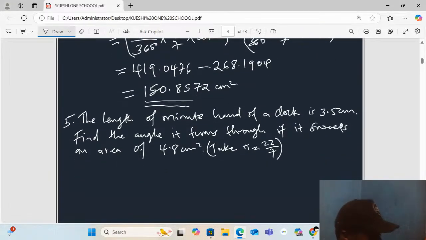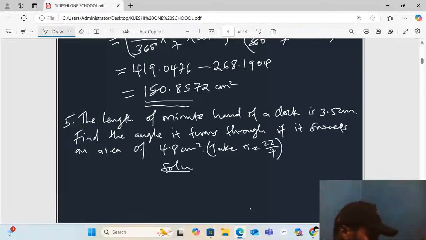Take pi to be 22 over 7. So the length of a minute hand of a clock is 3.5 centimeters. Find the angle it turns through if it sweeps an area of 4.8 square centimeters.